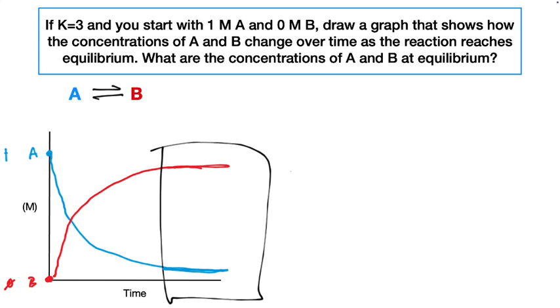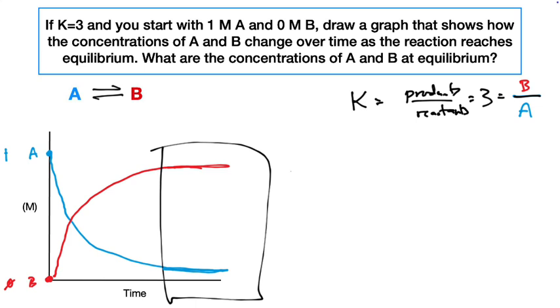We're being asked about equilibrium. Let's write down what we know about equilibrium. What do we know about equilibrium? K equals products over reactants, which equals 3, which would also be B over A. Some people were like, well, that means I have more products than I have reactants.